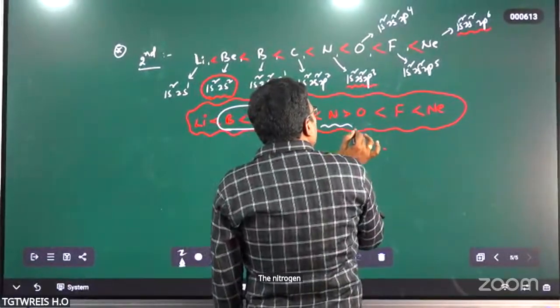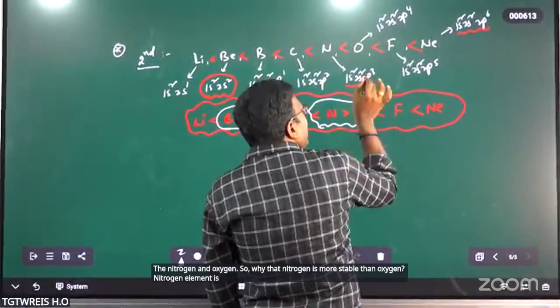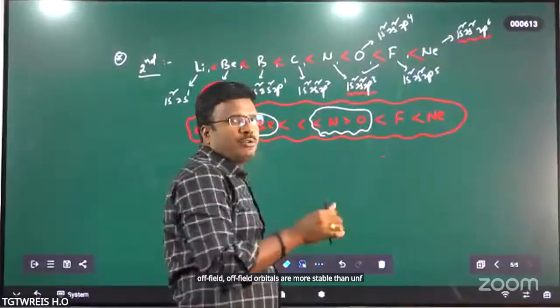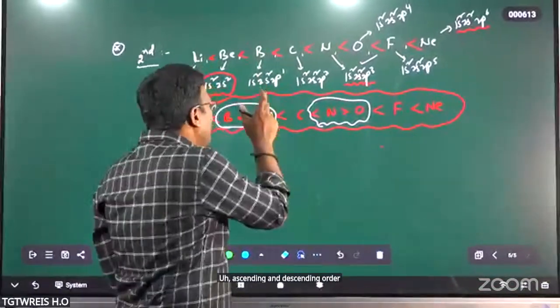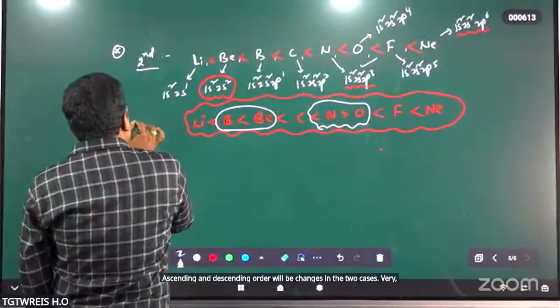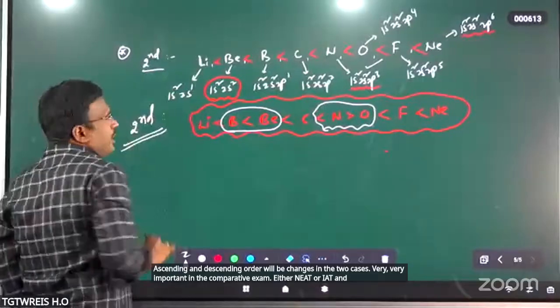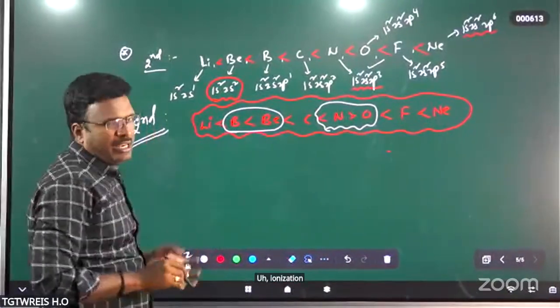Why is nitrogen more stable than oxygen? The nitrogen element is half-filled. Half-filled orbitals are more stable than unfilled orbitals. So the ascending and descending order will change in these two cases. Very, very important in competitive exams like NEET, IIT and JEE. So how does the ionization energy change in the second period?